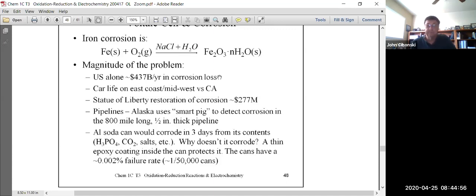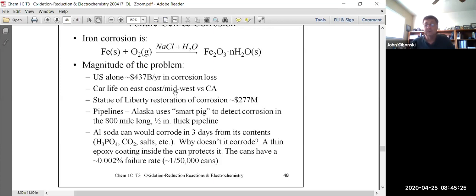Horrendous problem. Now, if we look at the weather as an example of how things can vary, take a car on the East Coast where there is snow and ice and salt, or the Midwest, versus California, where at least in our area, we don't have any of those problems unless you spend a lot of time on the beach. Then you will maybe see some impact.